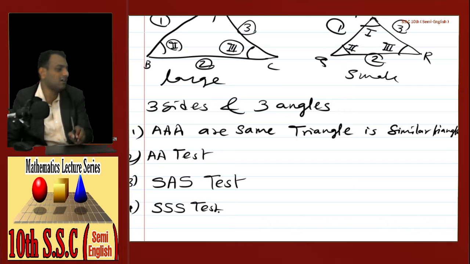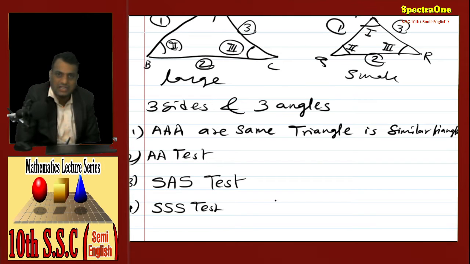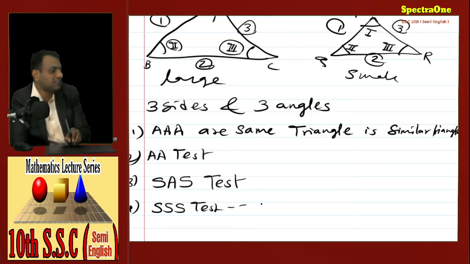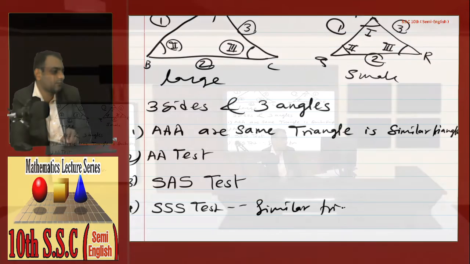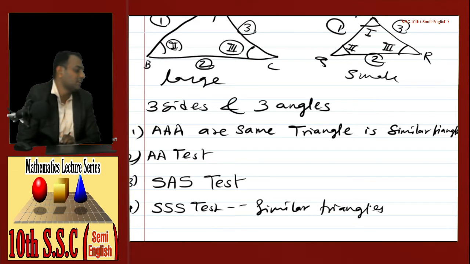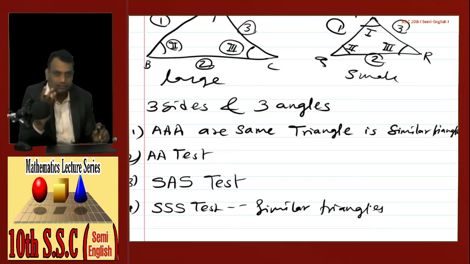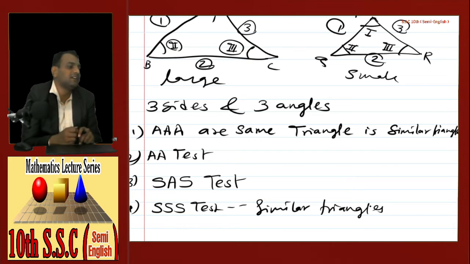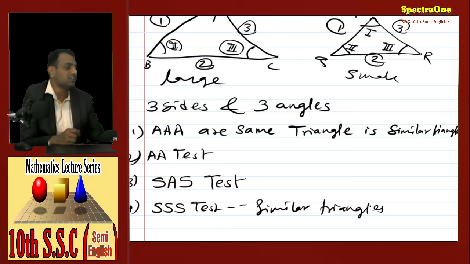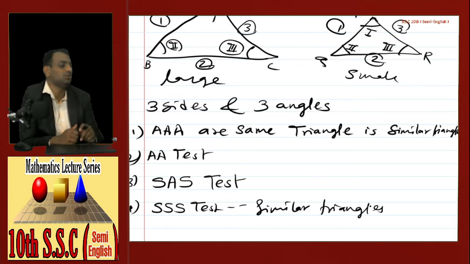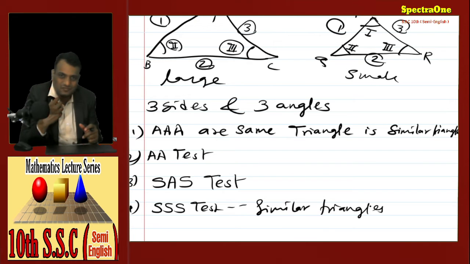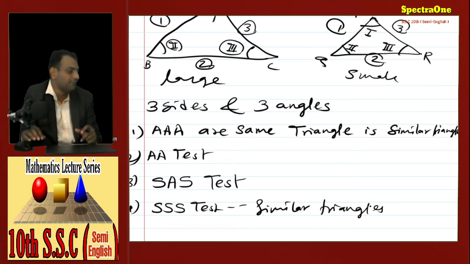If all three sides of two triangles are the same, then we can say that these triangles are similar triangles. Four tests: angle, angle, angle, where three angles should be equal; or three sides should be equal; or two sides and the angle between them are equal, that is the side, angle, side test. These four tests are useful to detect similarity of triangles.